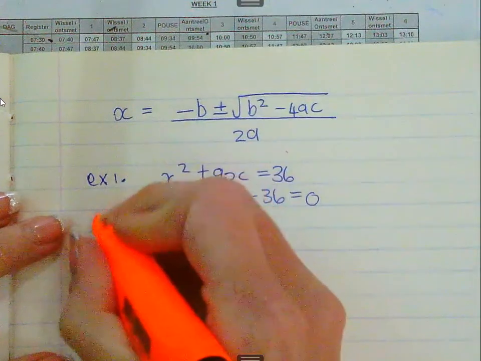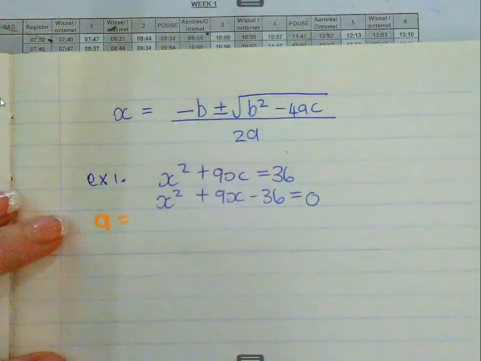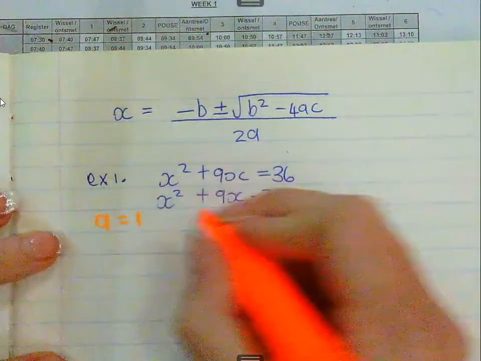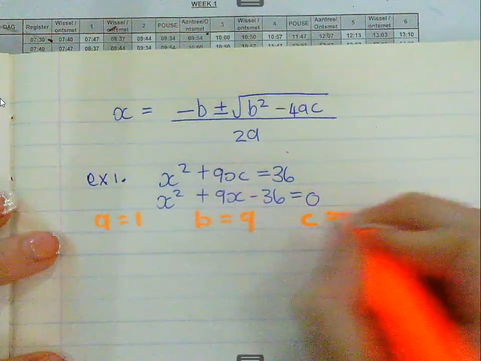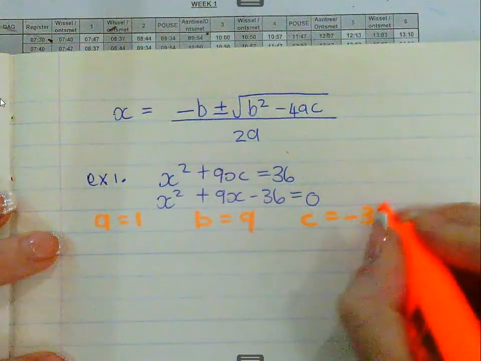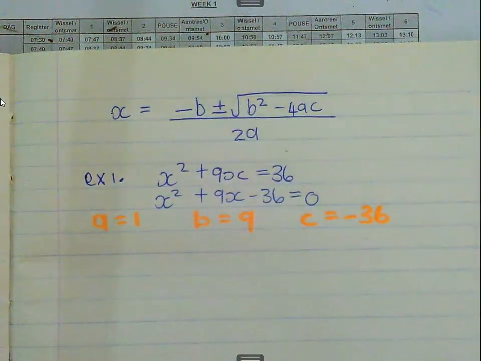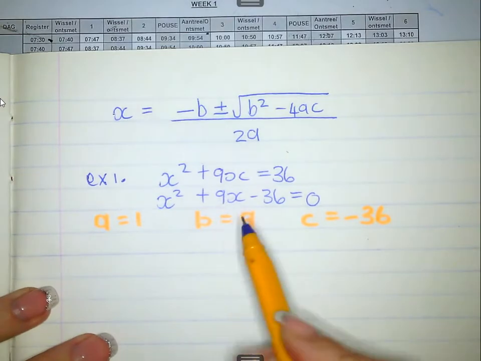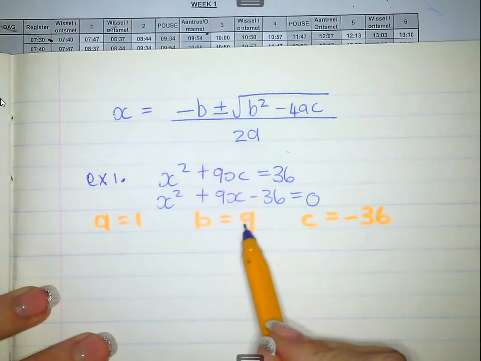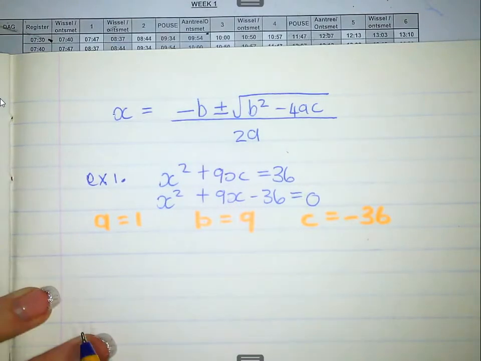Can you tell me what is A? 1. What is B? What is C? Negative 36. Everyone happy with that? Okay. And now I am going to substitute into that formula.